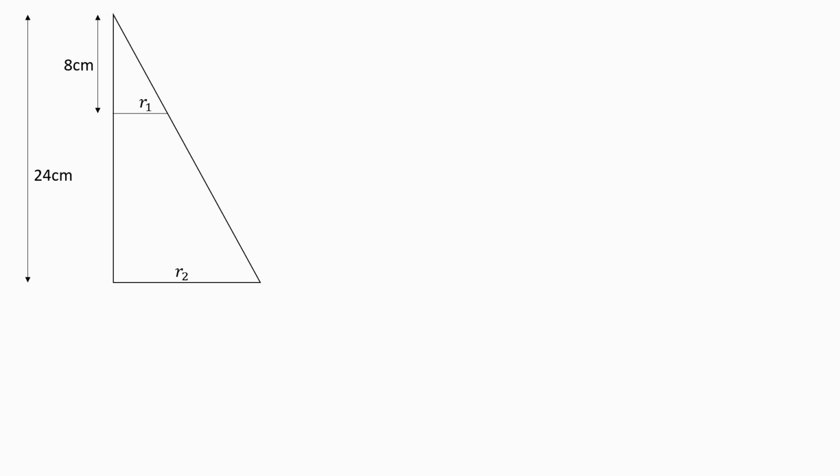Looking at this figure, we know that the small triangle is similar to the larger triangle. That is the cross-section of the big cone and the cross-section of the small cone. Therefore, the height of the big cone over the height of the small cone is equal to the radius of the big cone divided by the radius of the small cone. So we have 3 is equal to r2/4.37, which is the value we have obtained previously. So r2 is equal to 3 times 4.37, which is a cross multiplication.